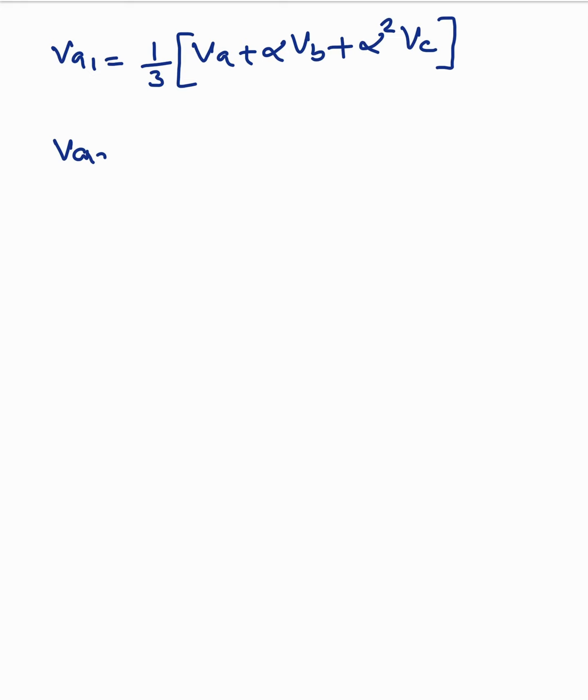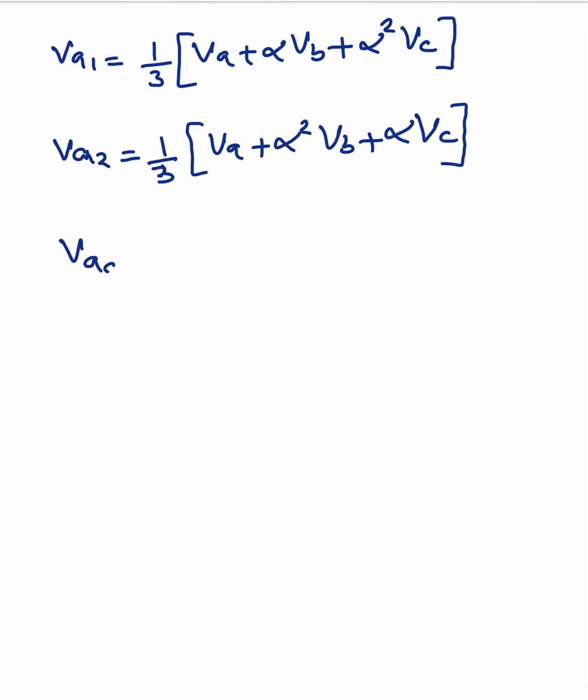That is, VA1 is equal to 1 upon 3 times VA plus alpha VB plus alpha square VC. Next, VA2 is equal to 1 upon 3 times VA plus alpha square VB plus alpha VC. Next is VA0, 1 upon 3 times VA plus VB plus VC, or you can say that is the average of VA, VB and VC.